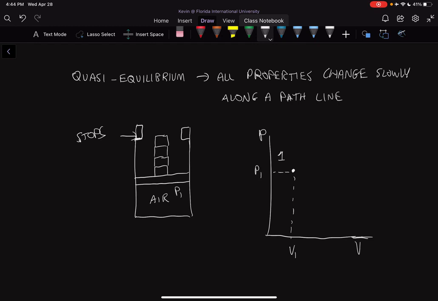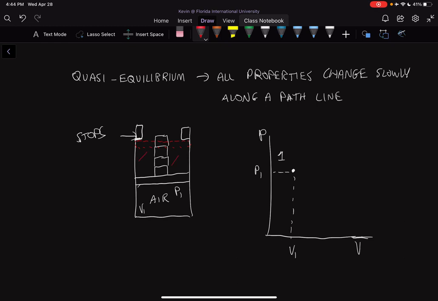So the pressure inside would be P1, and we have a certain volume, which is pretty small. Okay, the volume is smaller than if the piston cylinder was moved to here. Obviously, we would have a bigger volume, right? The volume inside would be bigger.